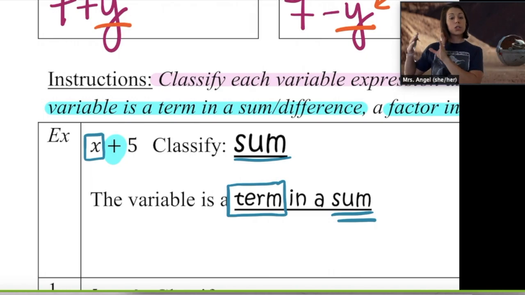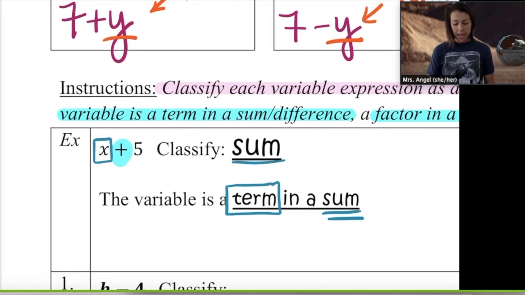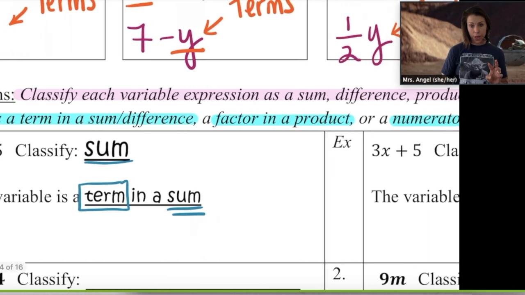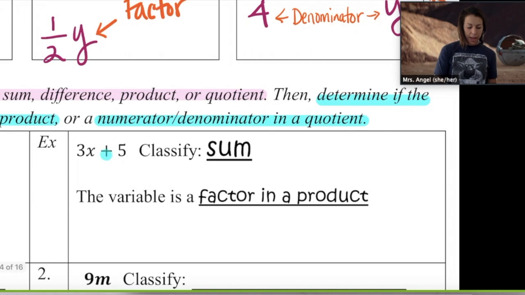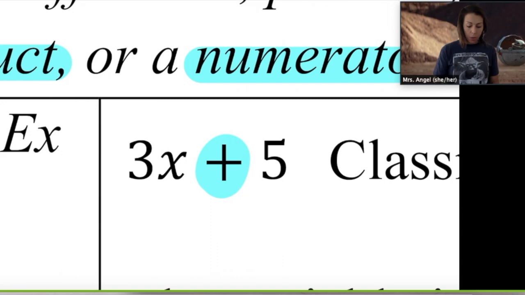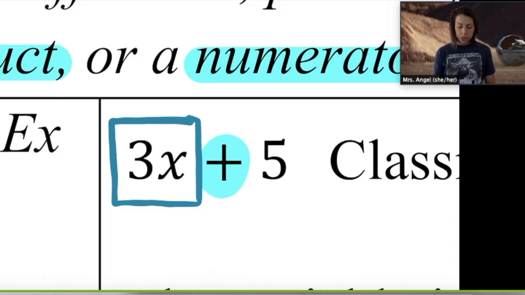It's its own term. In the second example, however, it's still a sum because we have that addition sign outside of parentheses. We would read this as 3x plus 5. So it is a sum, but if I zoom in on the variable, wait a minute, this variable is now part of a more complex term. X is now being multiplied by 3.